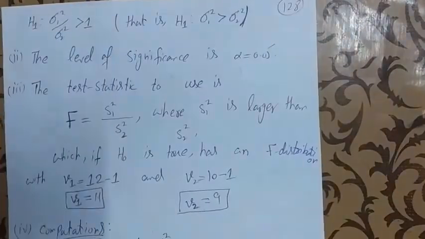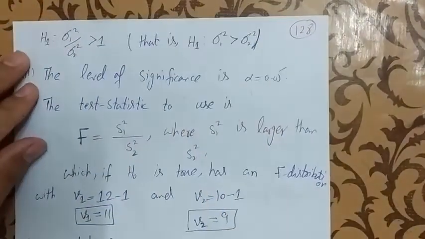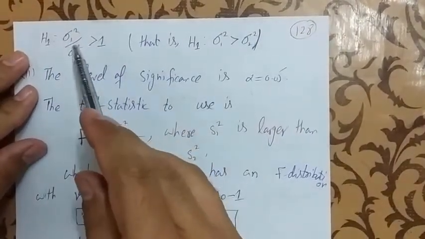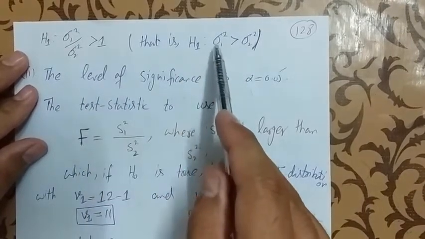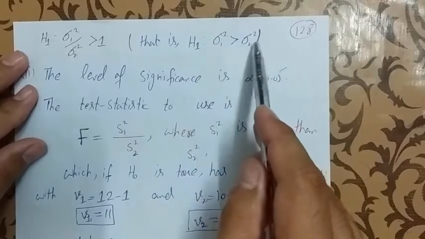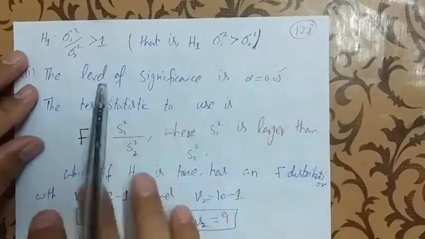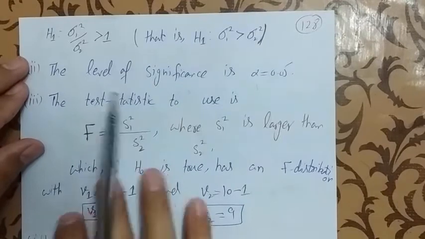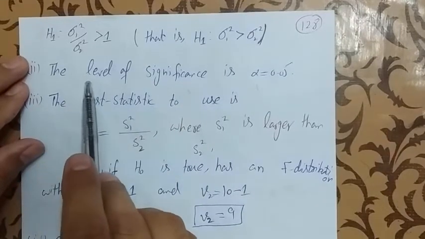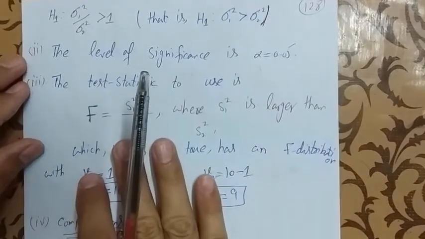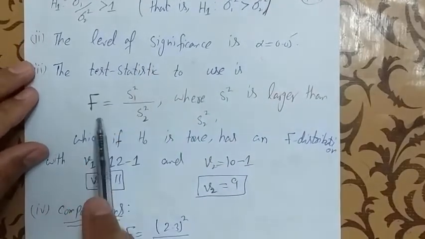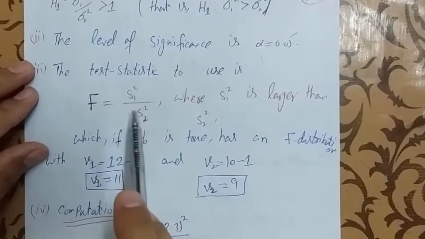Its alternative hypothesis H1: sigma 1 square over sigma 2 square is greater than 1, that is sigma 1 square greater than sigma 2 square, which is also given in the problem. Second step, the level of significance is 0.05, which is also given in the problem. The test statistic to use is F, which is equal to S1 square over S2 square.